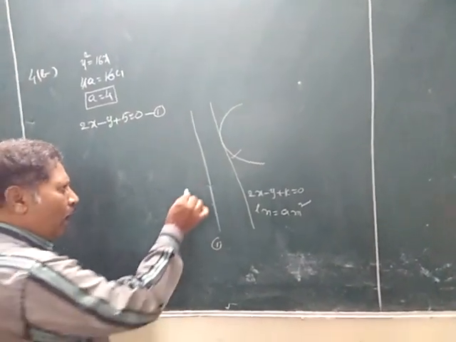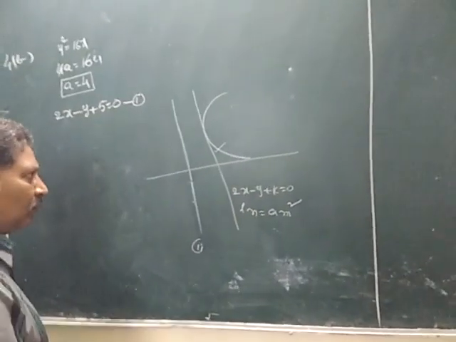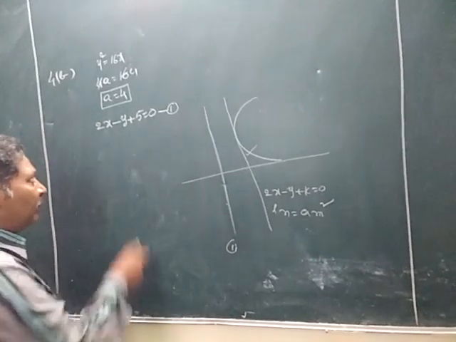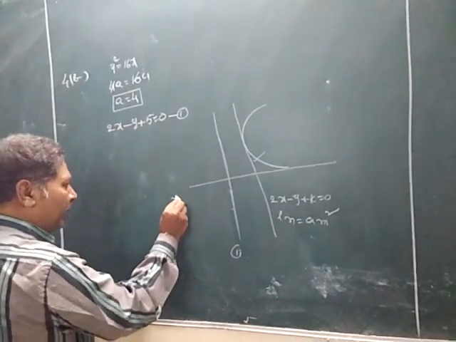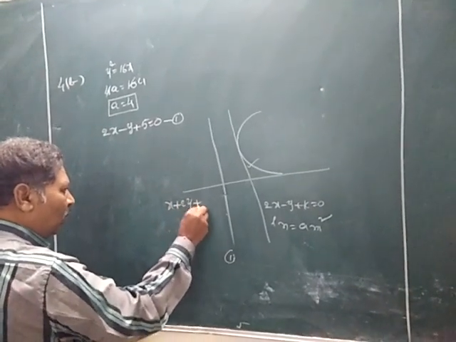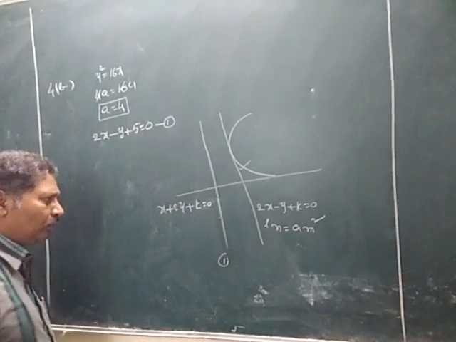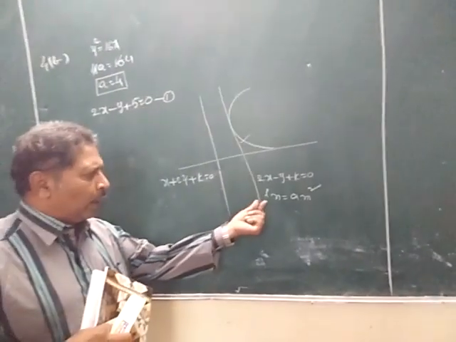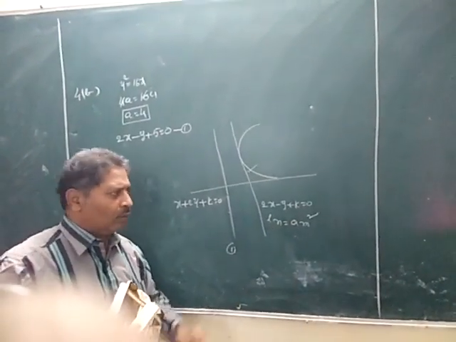Next, second case, perpendicular tangent. This is the given line. This is the perpendicular tangent. Interchange xy coefficients, change the middle symbol and the constant: plus, L plus k equal to 0. For k value, we apply the same ln equal to am square.